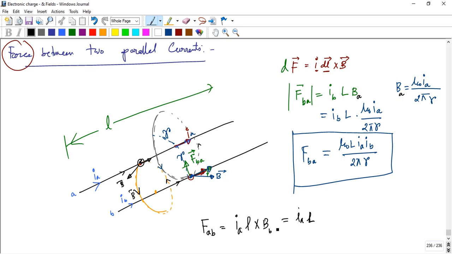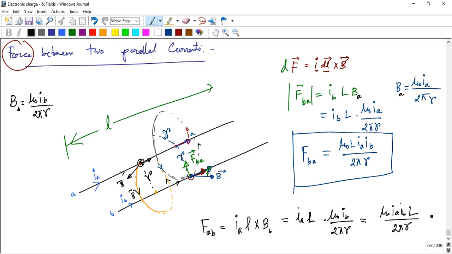Now find B of B, that is mu 0 IB by 2 pi R, the same radius. R is the gap between these two wires. So B equals mu 0 IB by 2 pi R. The final expression we get is mu naught IA IB times L by 2 pi R, that is F AB.